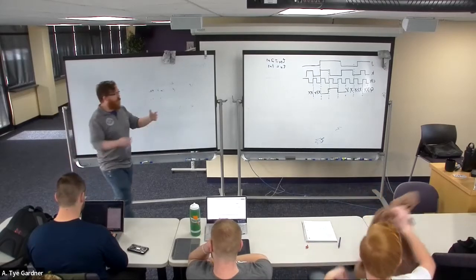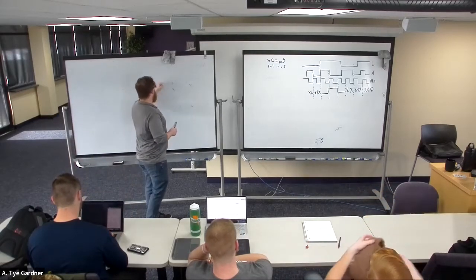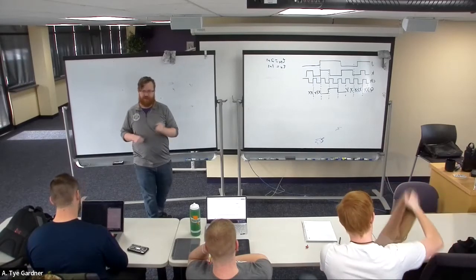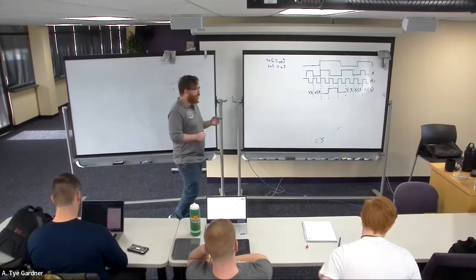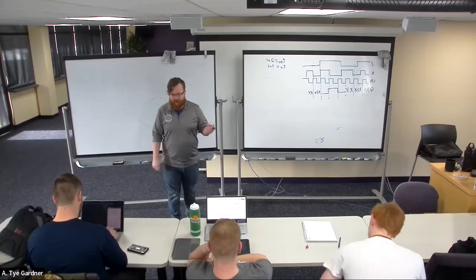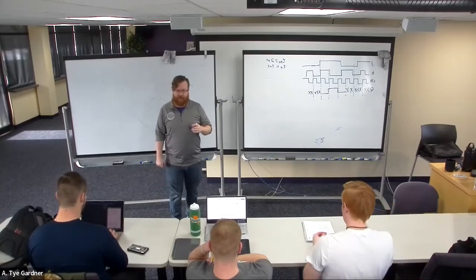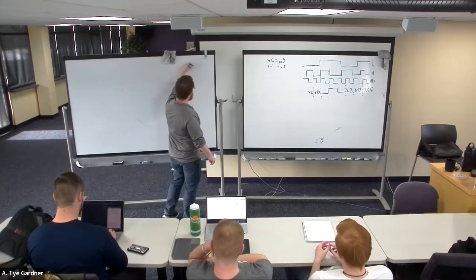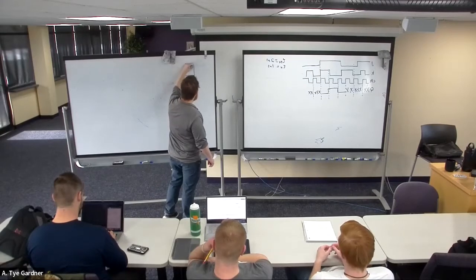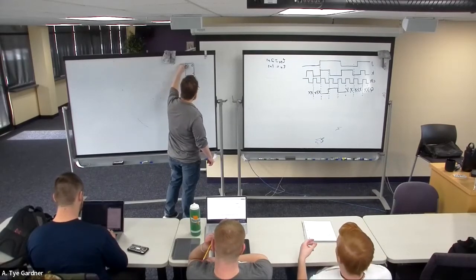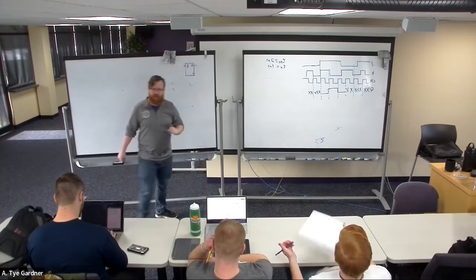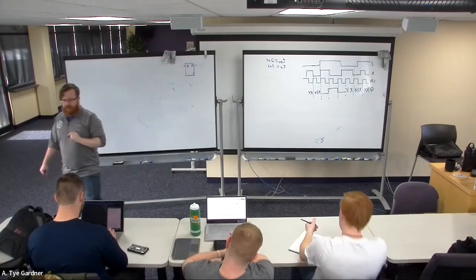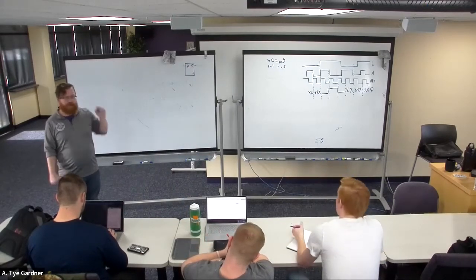So the next thing that we want to do is talk about registers. A register is basically an array of D flip-flops, okay? So there's a D-Q flip-flop. This has the ability to store 1 bit for me.